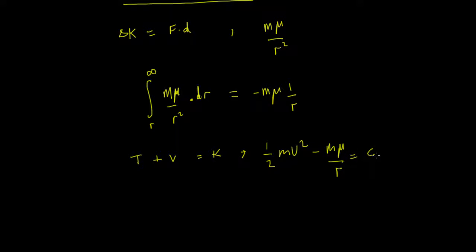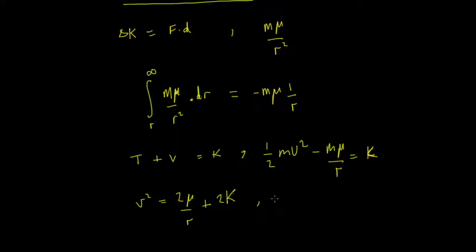I'll just call it c. Okay, so it allows us to transpose this equation, so you can then say that v squared equals 2 mu upon r plus 2 times our constant. I'll just call that constant big K.